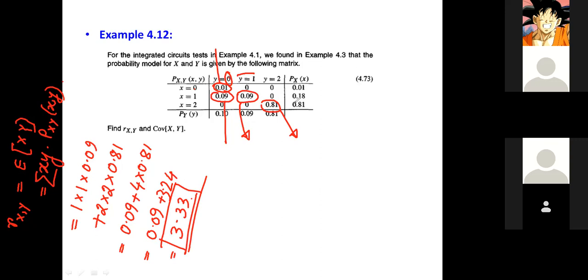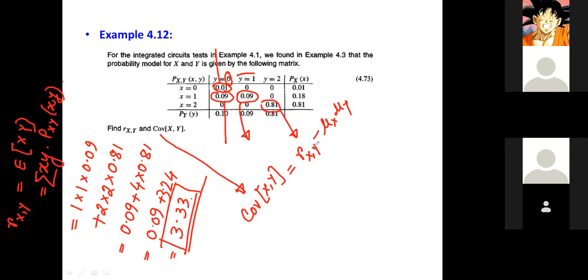Now how do we find this covariance? We have an equation, as we saw previously.